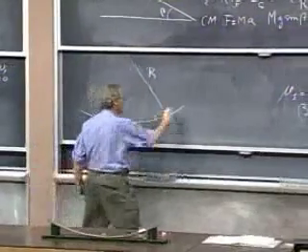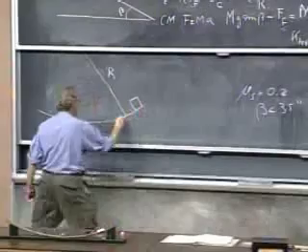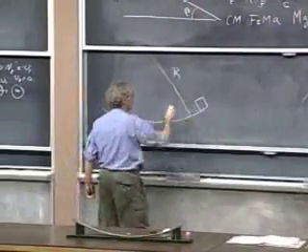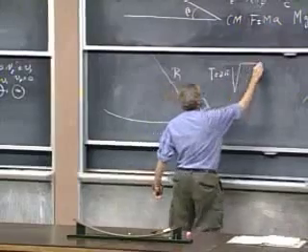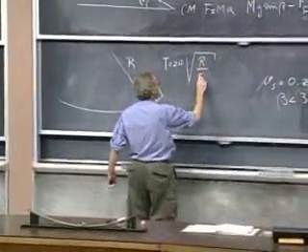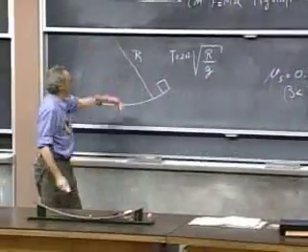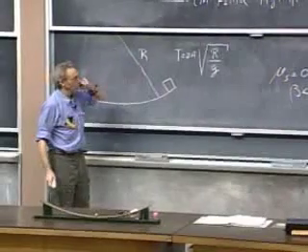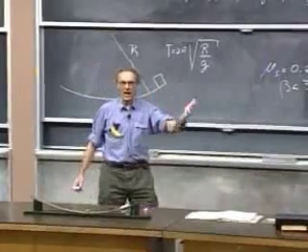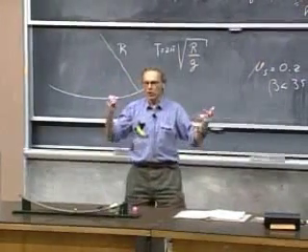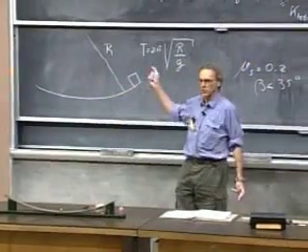And we had a sliding object here, and that was sliding without friction. And we derived that the period was 2 pi times the square root of r divided by g, as if this were a pendulum with length r, and that's in fact what it is.